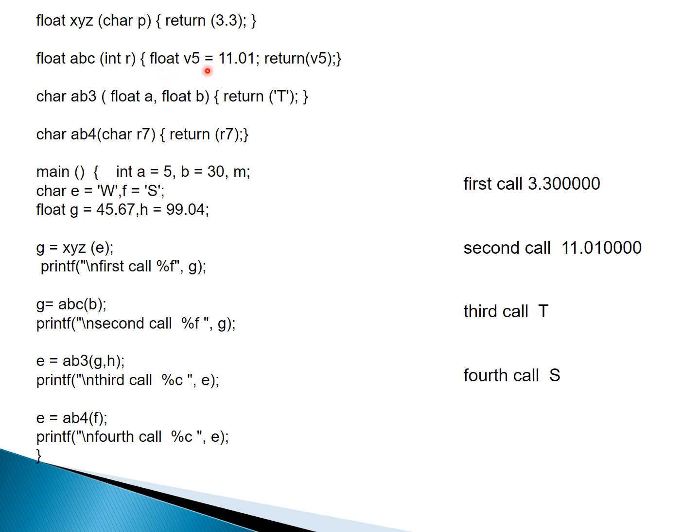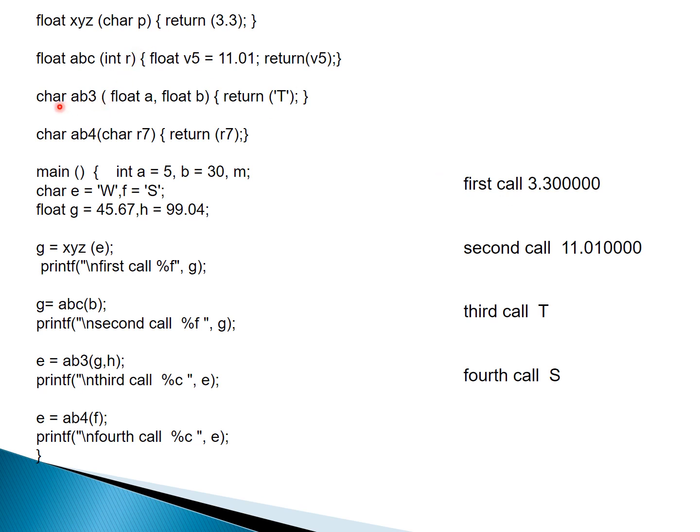We have another variable declaration here, v5, and v5, 11.1, will be returned. This v5 will be stored on g. So again we are printing this g.